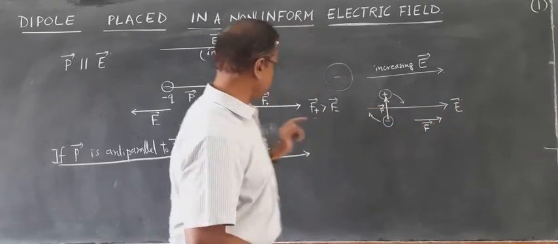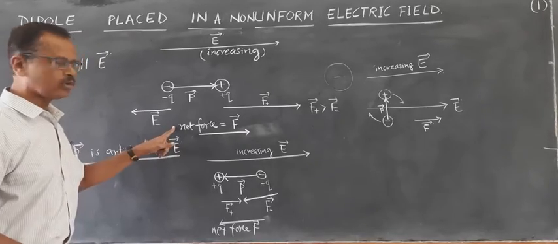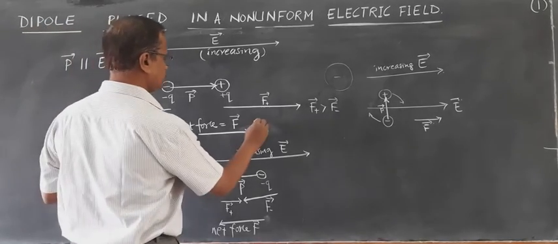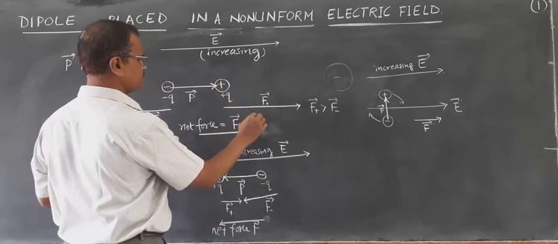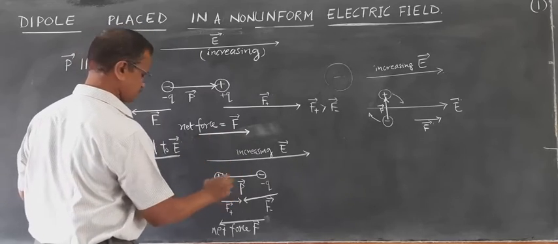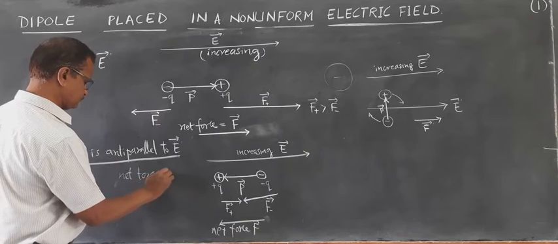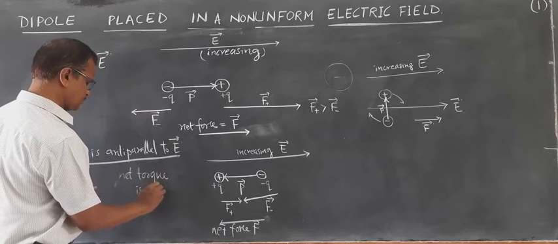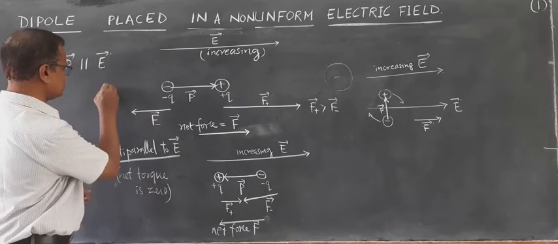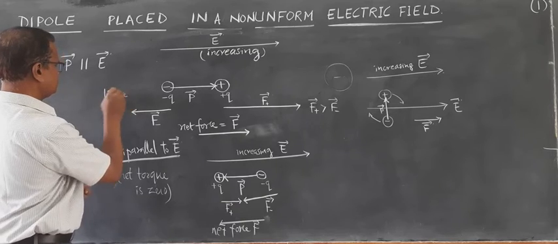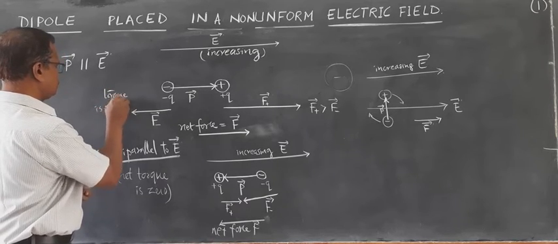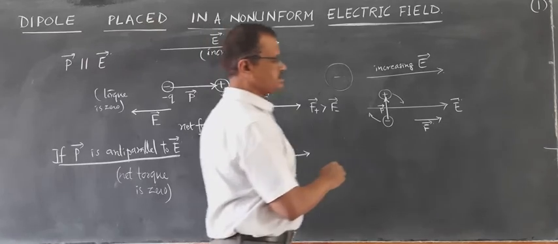So it undergoes torque as well as acceleration. In the earlier cases, there is no torque because the net torque is 0. In both of those cases, the torque experienced is 0. But in this case, the torque is non-zero.